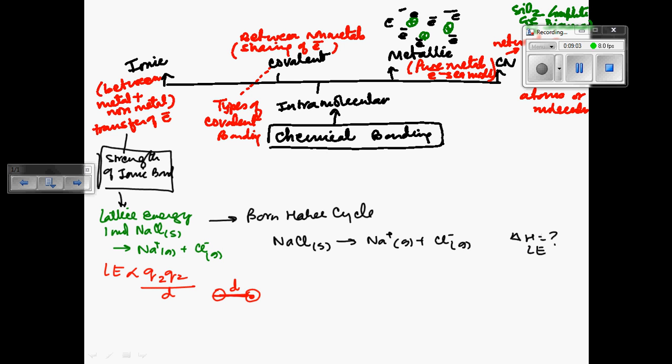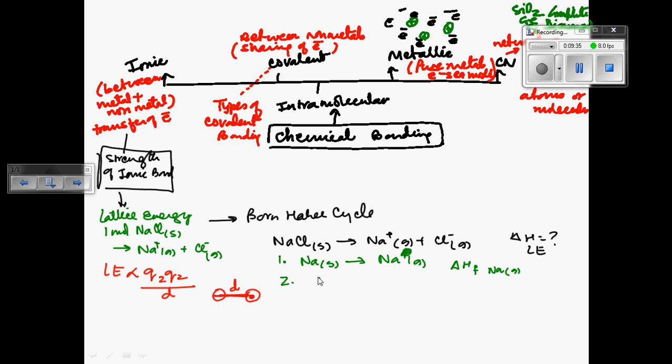Okay, to get that we can employ various equations. Let me write them in different colors so you don't get confused. The first step in forming sodium chloride into sodium ion and chloride ion would be, you'll take sodium atom which exists as solid in ground state, and you'll have to change it to sodium atom in gaseous state, and this will be heat of formation of sodium gas.